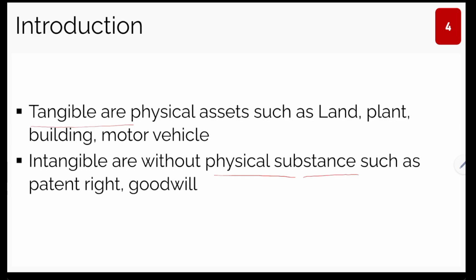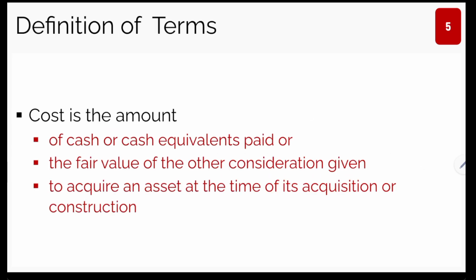So we're going to be looking at some definitions that are going to help us glide through this entire standard. So the first definition is to know what it means to say the cost of an asset. Because sometimes people don't even know clearly what is to be used to determine the cost of an asset. And if it's going to be recognized in the books, it has to be measured, right?